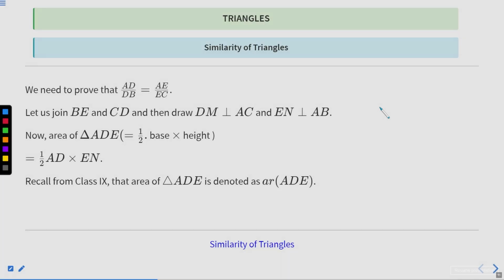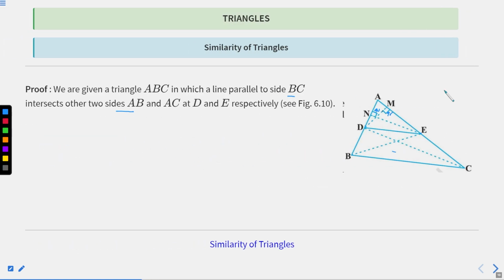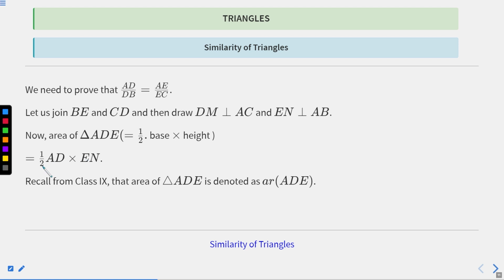Now we know the area of a triangle is equal to half into base into height. From triangle ADE, the area is equal to half AD times EN.